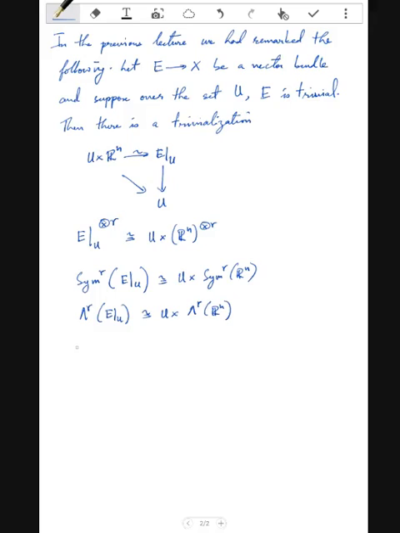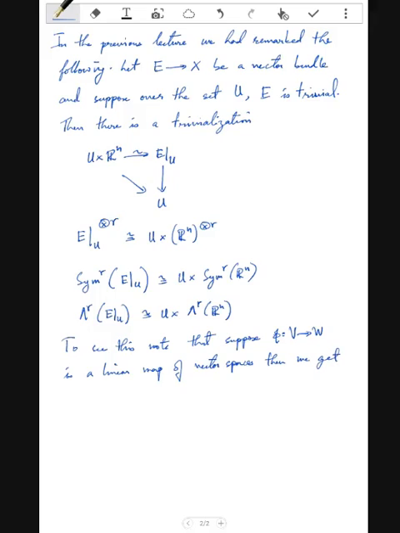So to see this, note that suppose phi from V to W is a linear map of vector spaces, then we get a linear map phi tensor r from V tensor r to W tensor r.